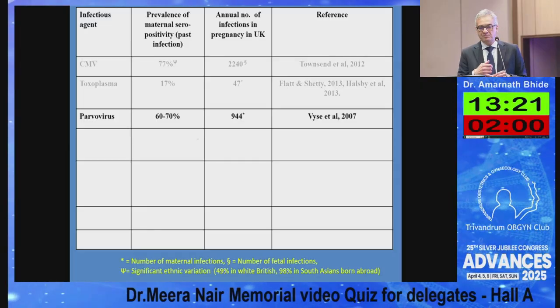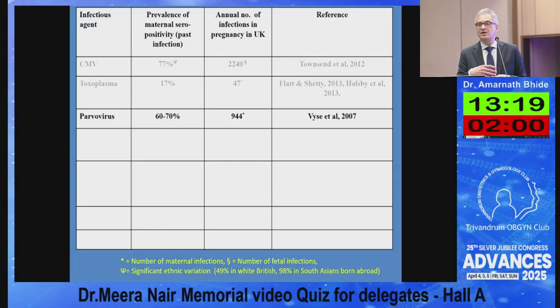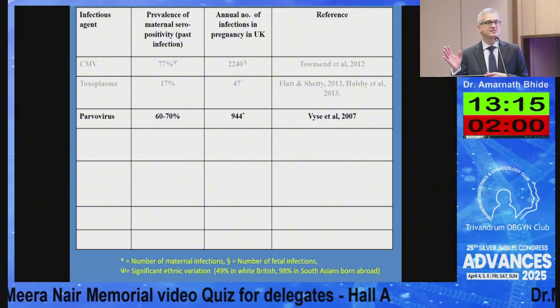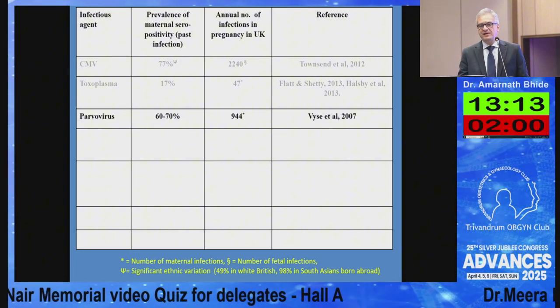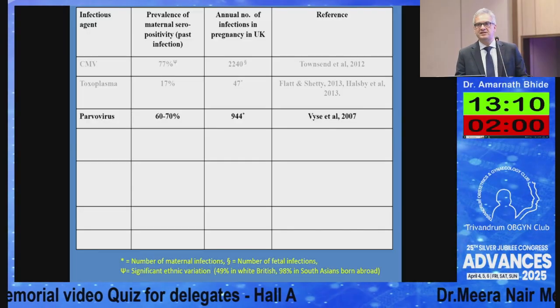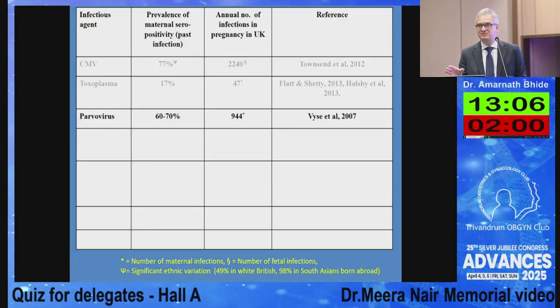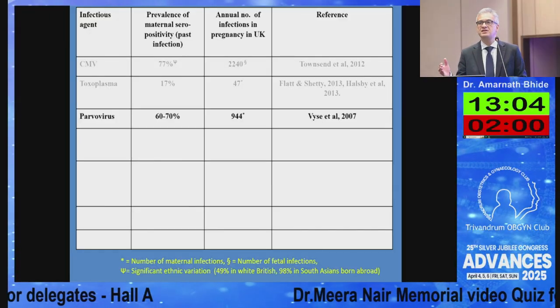Parvovirus we come across quite regularly. The prevalence of seropositivity is 60 to 70%. And although the number I've written here is 940, it is very variable because we get epidemics. We seem to get epidemics every other year.